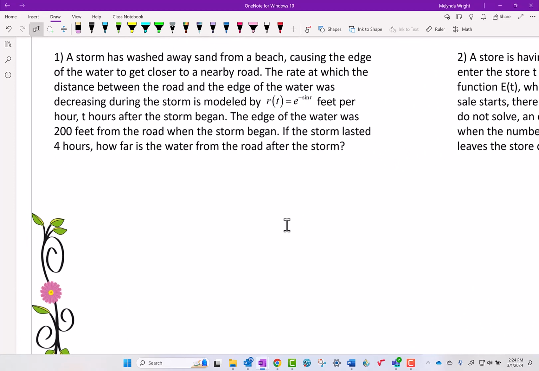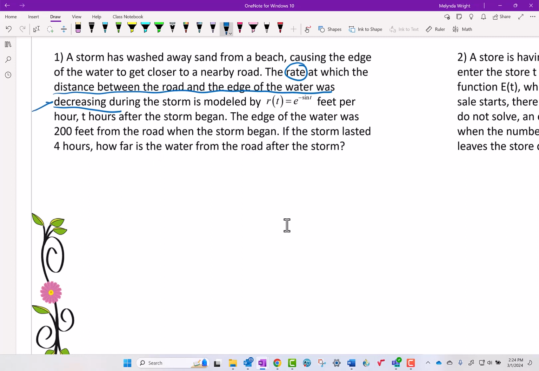So we have a storm that's washed away sand from a beach, causing the edge of the water to get closer to a nearby road. Okay, that's the scenario. As I'm reading, I like to circle really important words. This is a rate: the rate at which the distance between the road and the edge of the water was decreasing.